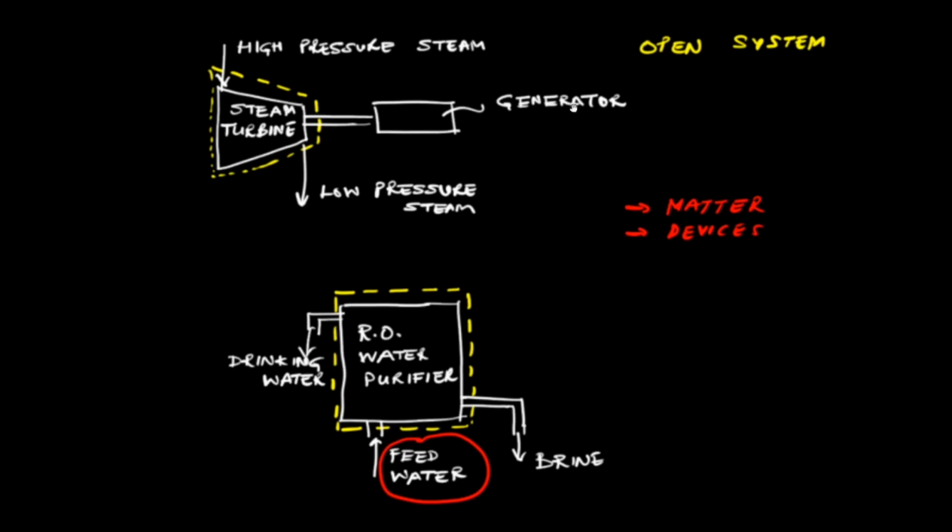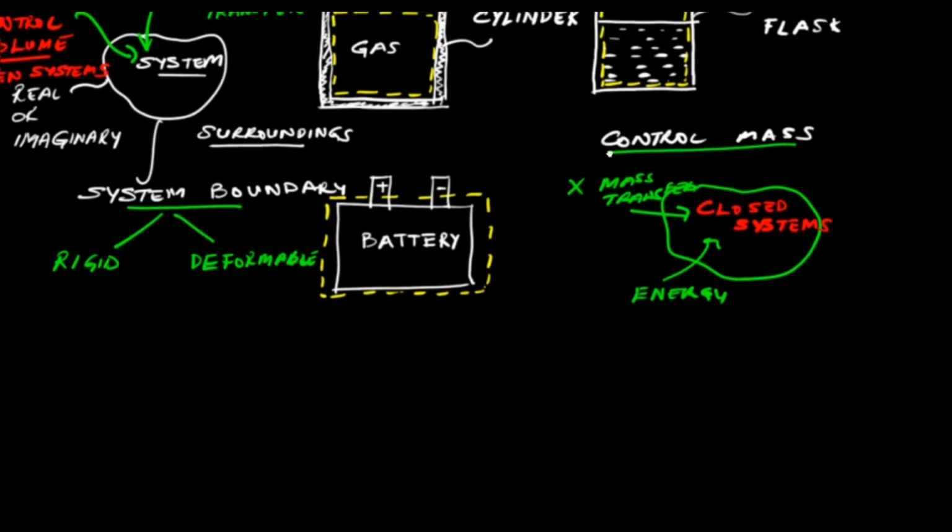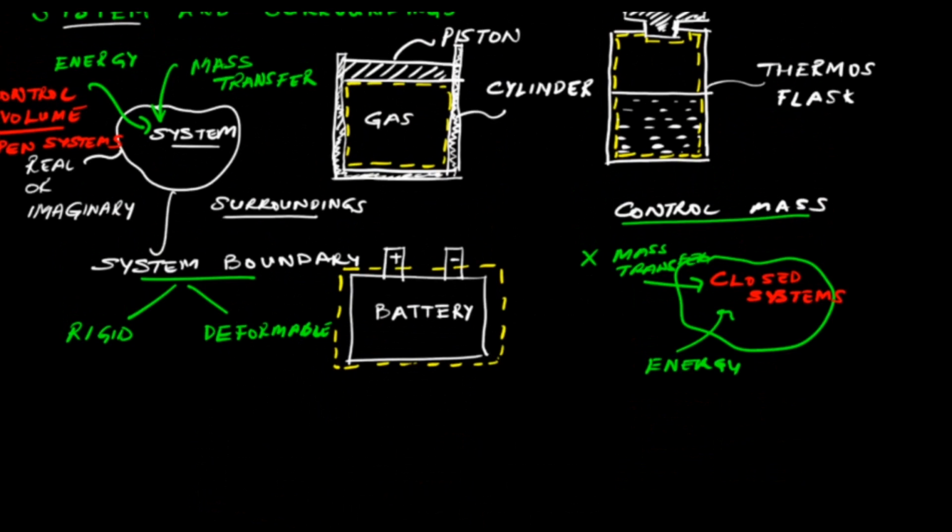Now going back to the control mass system, a particular type of control mass or closed system is called an isolated system. Isolated systems are those that do not interact with their surroundings.